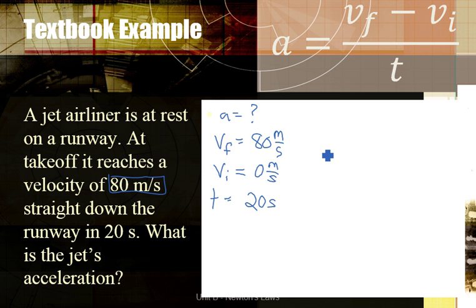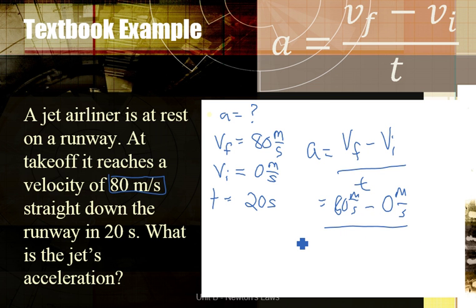So we apply our equation. a for acceleration is equal to the velocity final minus the velocity initial over time. We plug in our values. The initial velocity was 0 meters per second. The final velocity was 80 meters per second. The time was 20 seconds.